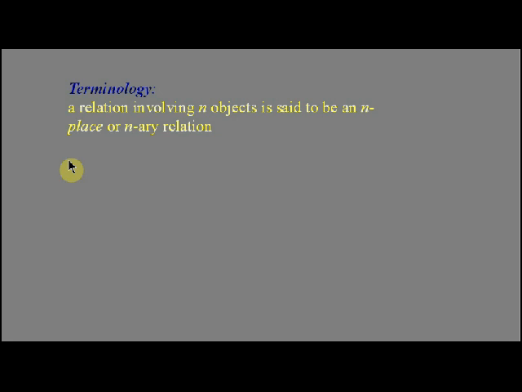In the case of the located at relation in three-dimensional space, for example, three objects may be involved: an x-axis dimension, a y-axis dimension, and a z-axis dimension. More generally, a relation involving n objects, as a matter of terminology, is said to be an n-place relation or an n-ary relation.